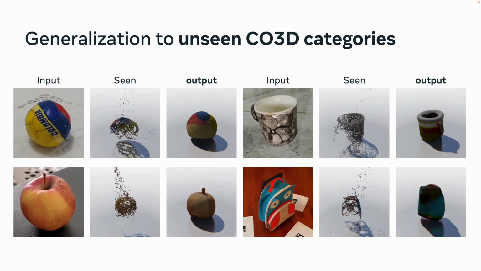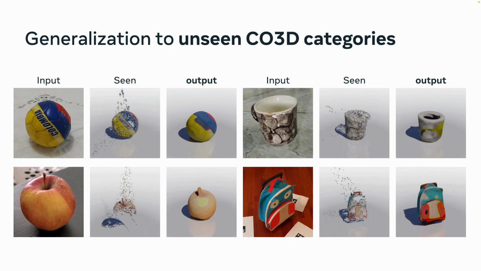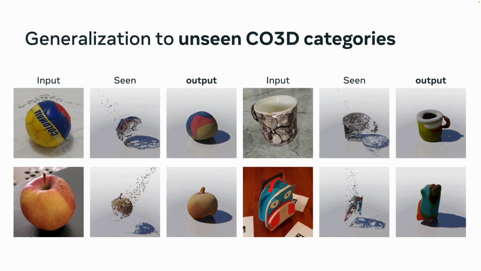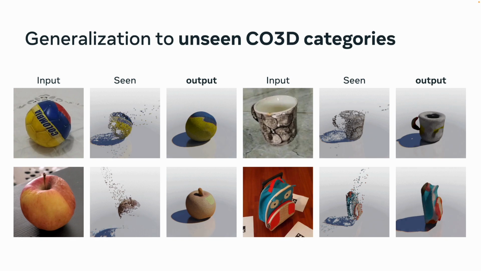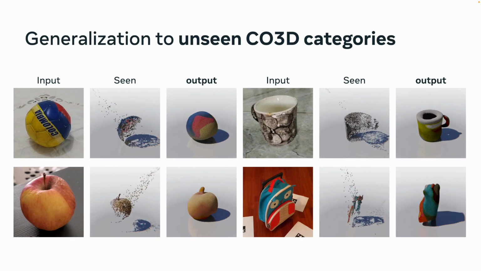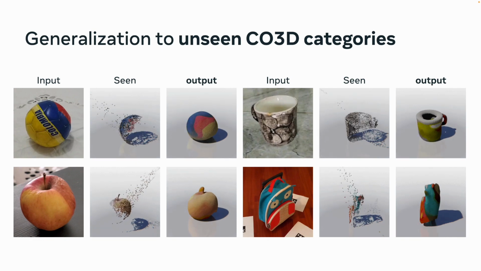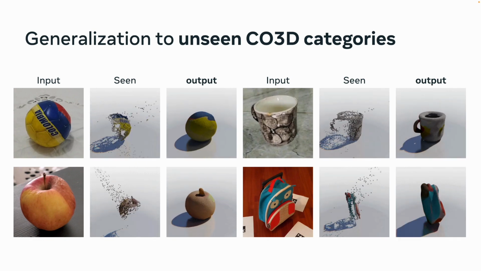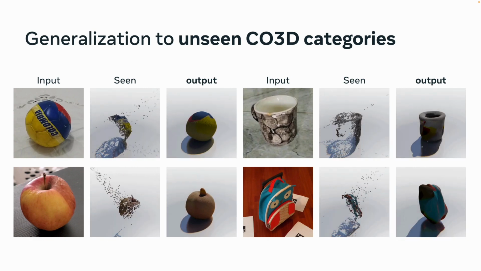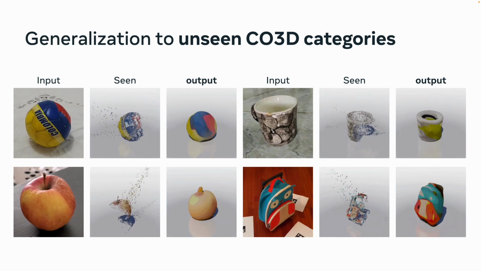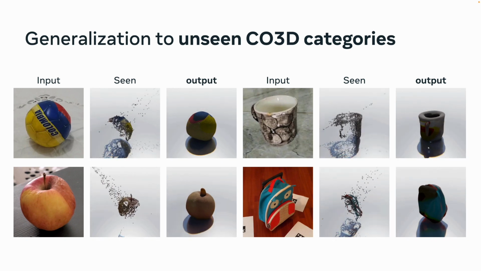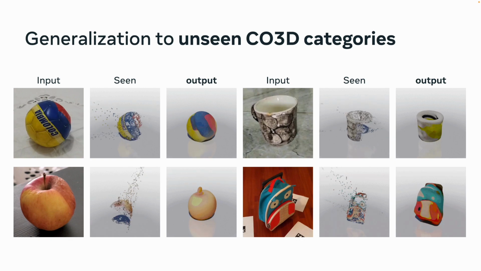Here we present some results on holdout Co3D categories. The first column shows the input images. The second column shows the scene part of the object in 3D. The third column shows our reconstruction. We can see that even though MCC never saw these categories during training, it reconstructs these objects very well.